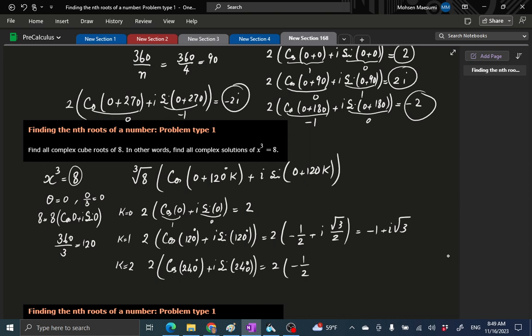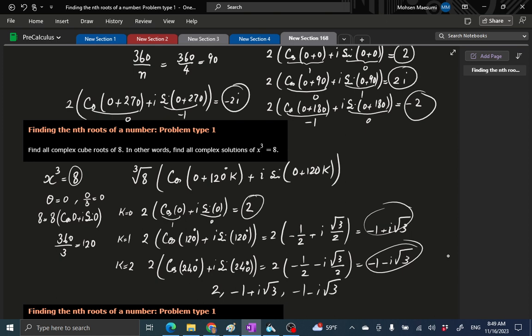Sine of 240, that one is minus radical 3 over 2. Simplify, minus 1 minus I radical 3. Final answer, string them, separate them by commas: 2, minus 1 plus I radical 3, minus 1 minus I radical 3.